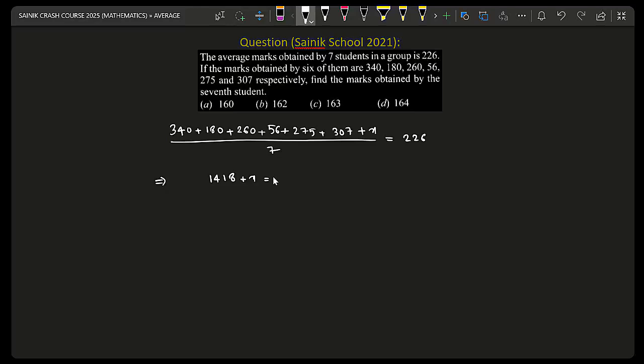When you transpose 7 to the right side, will it multiply or add? So multiply. Then why did you add? 226 into 7, how much? Sir, 1,584. What is the product of 226 into 7? So 1,582. Yes, 1,582. Now I want the value of x.